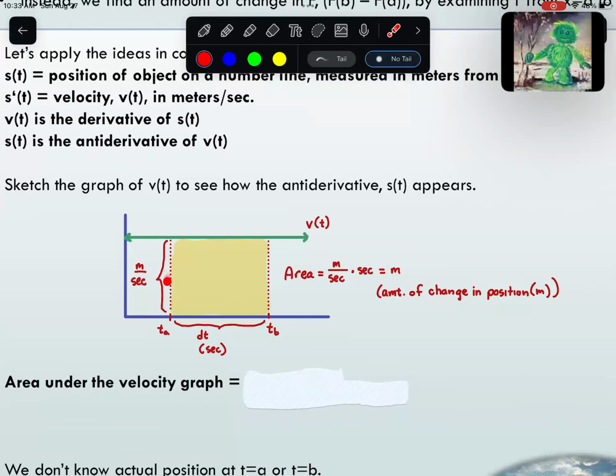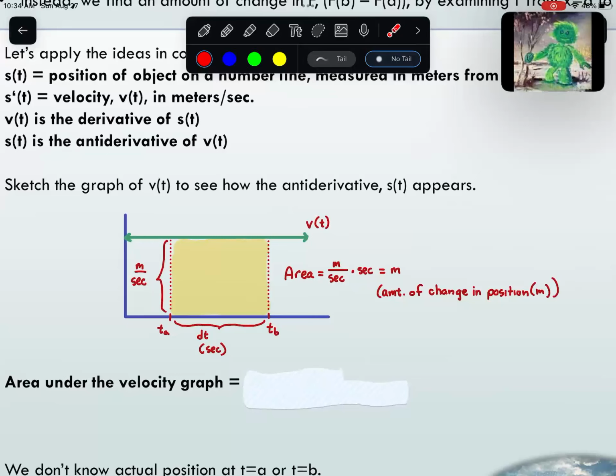Meanwhile, the height is some value in meters per second because it's corresponding to my velocity. If I try to now find the area of this rectangle, I'm multiplying some value in meters per second times a width in seconds. We can cancel seconds again, leaving us with meters.